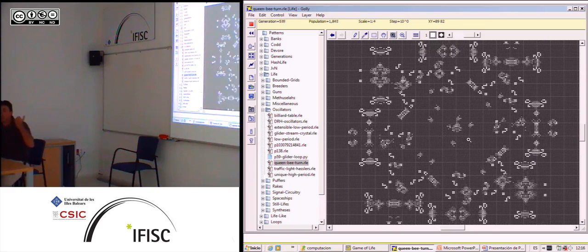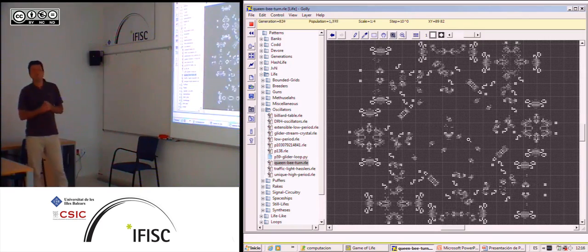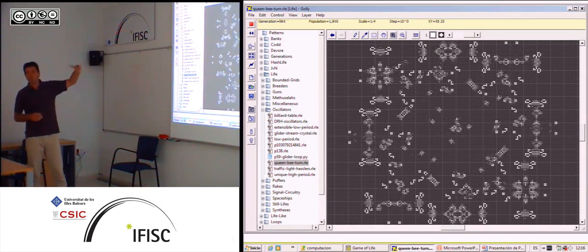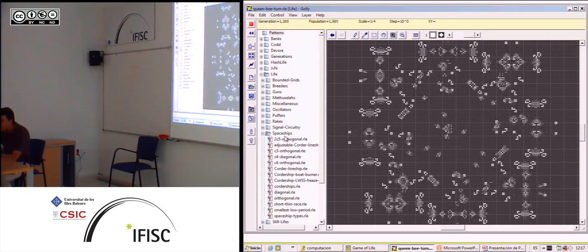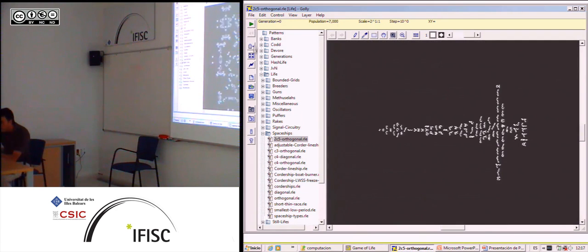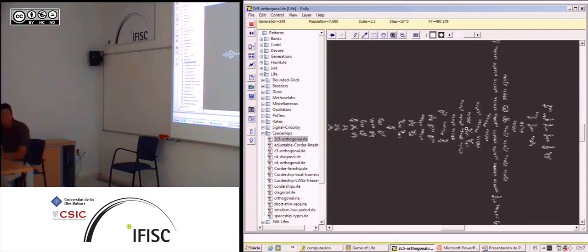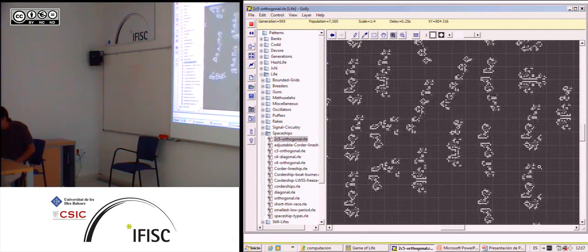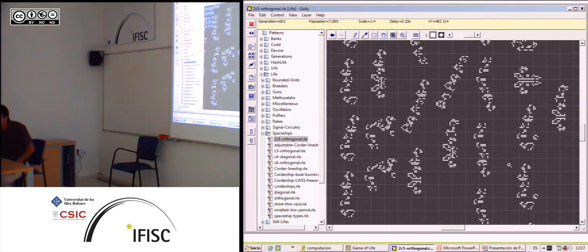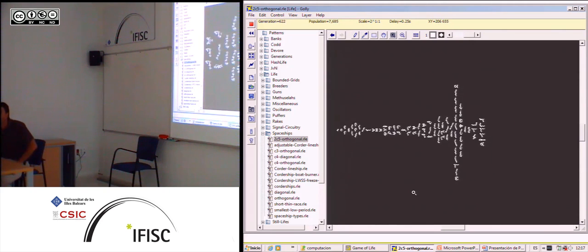You didn't find these things in the book. No, but the gliders and those ones... Yeah, exactly. Those appear spontaneously. To find the others, you have to look for them. And then there are spaceships. This one is composed of many units.